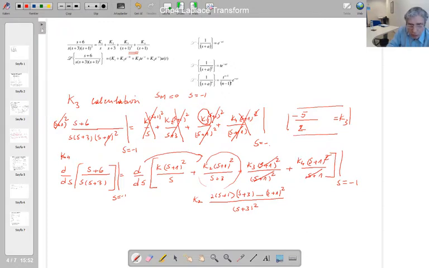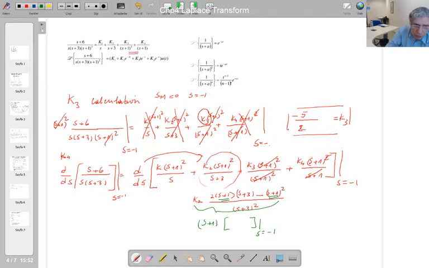If you look at that derivative now, this (s plus 1) is common in both terms, so I can put the whole formula in parentheses of (s plus 1). If you replace s with minus 1, that's going to be 0, because of that coefficient.